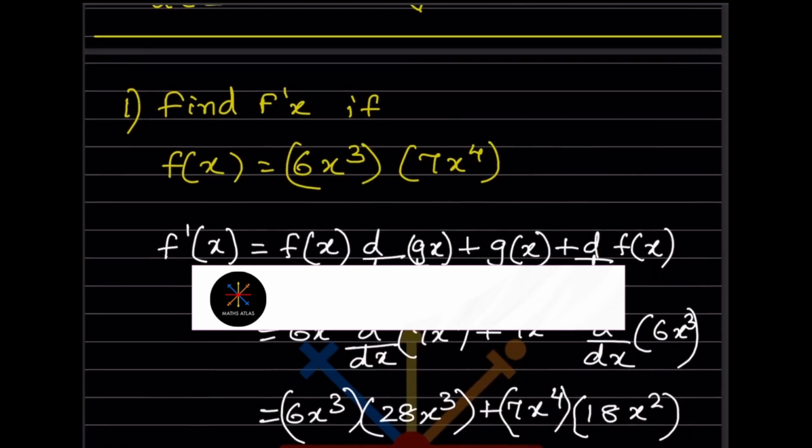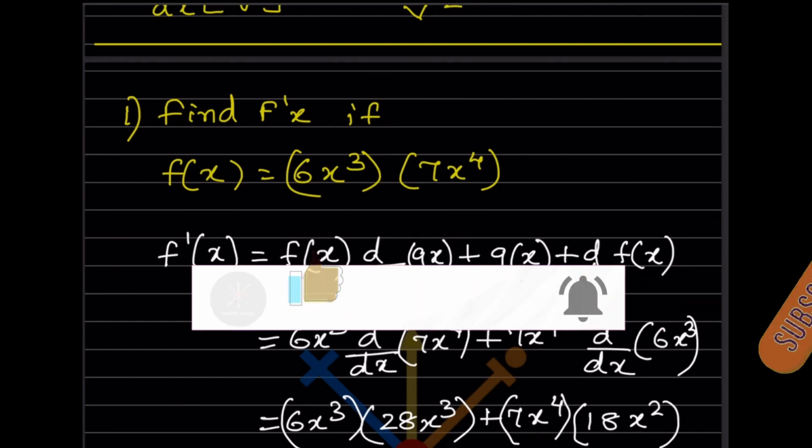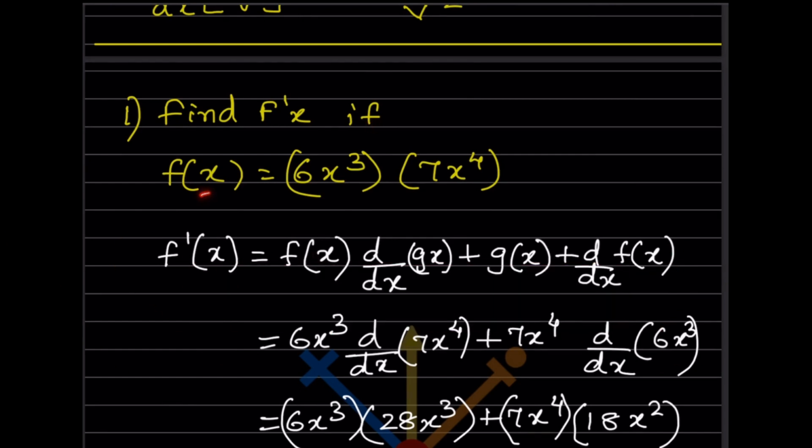So now let us see the examples based on that one. Find f dash x if f of x is equal to 6x cube into 7x to the 4. So we have to find out f dash x.